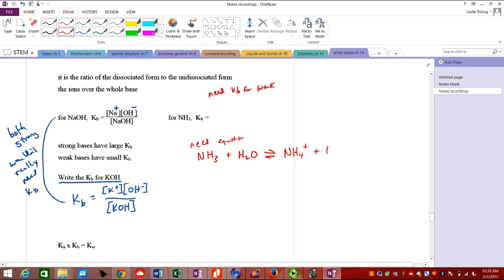Therefore, water is the acid, so it donated. So we have NH4 plus on top with OH minus, and on the bottom, NH3, because water is a pure liquid, not included.